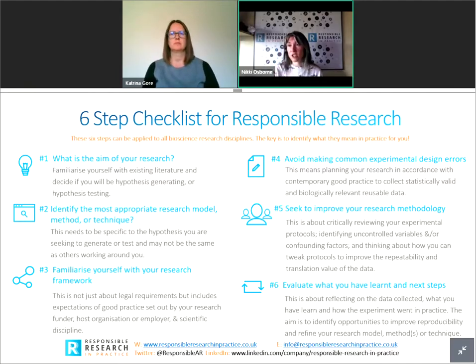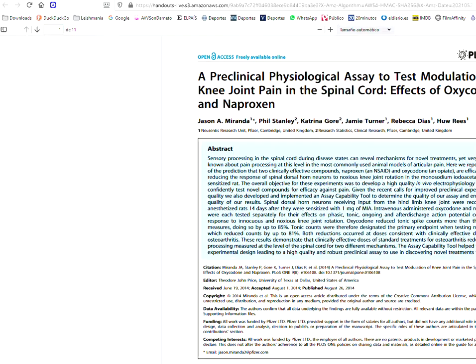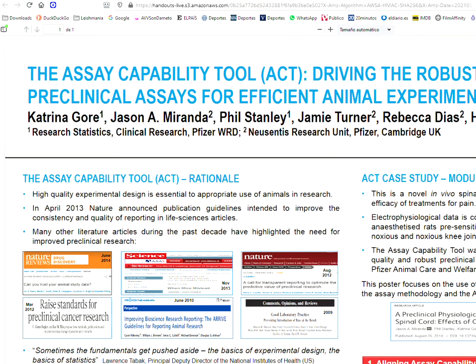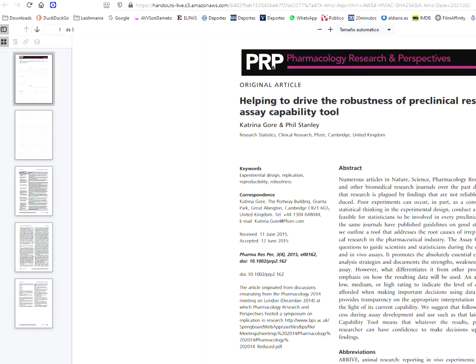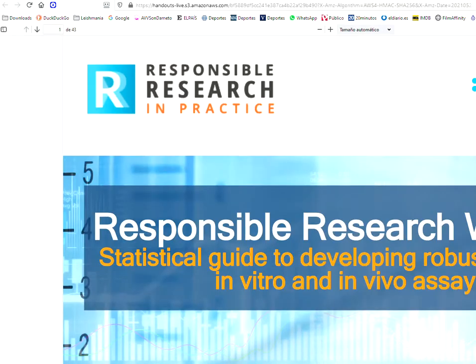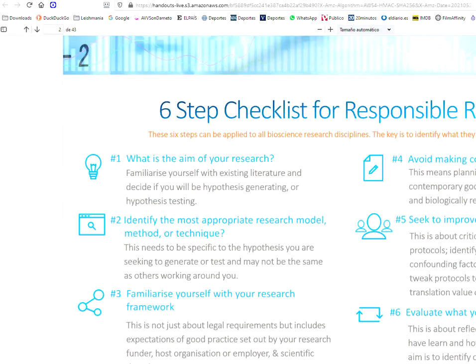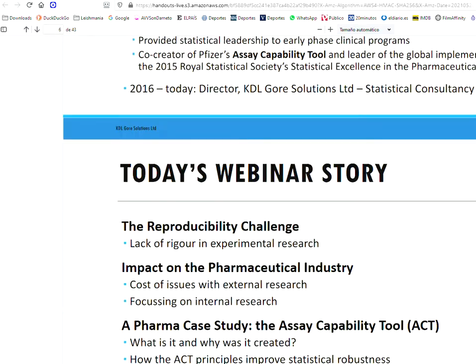I've shared a screenshot of this 6-step checklist on the screen now, and hopefully it's something you are familiar with to some degree, but if not, do drop me a line and I will happily send you a copy. This is a 6-step checklist that applies across all bioscience research disciplines, and taken together it exemplifies what is required to deliver responsible, rigorous and reproducible research in practice.